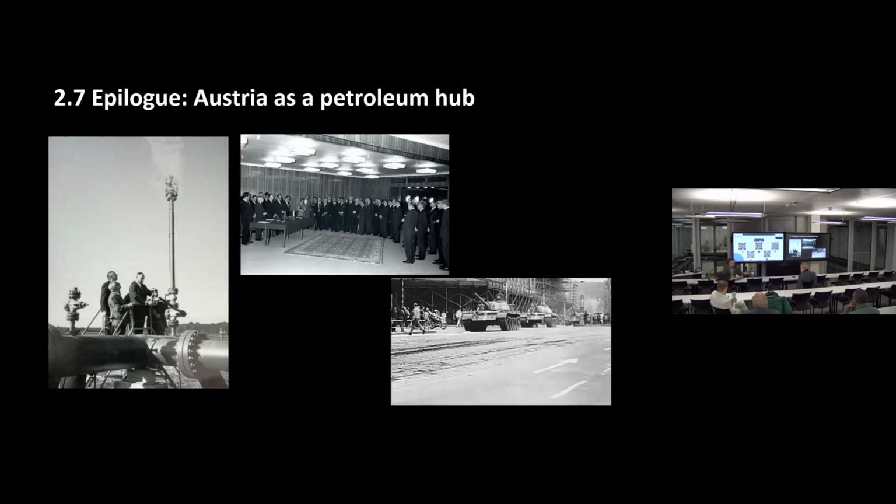And as we all know, this history is very problematic. It was already from the very beginning a very problematic and ambivalent story, because the success story, of course, of importing Soviet oil and gas via the big hub at Baumgarten next to the Slovakian border.